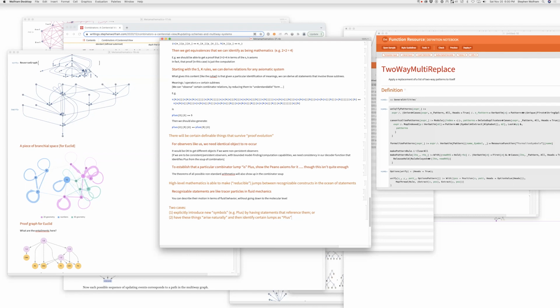In the entailment structure, we can take a branchial slice, and we can say, at this moment in the evolution of mathematics, what are our true statements?